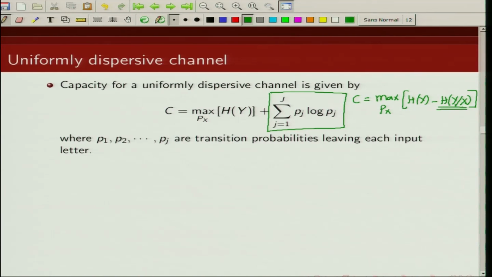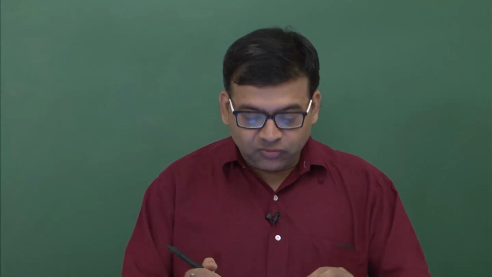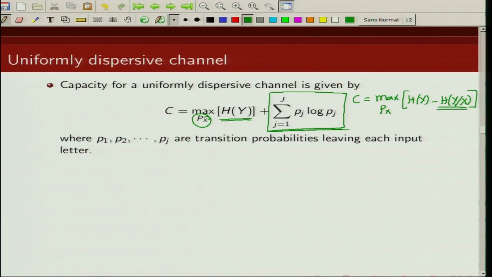In other words, the capacity of a uniformly dispersive channel is given by maximizing H of y over all input distributions P of x, plus this quantity. And we know that when y is a discrete random variable, its entropy is maximized when it is uniform. So, capacity will be maximized for the input distribution P of x which will induce a uniform distribution on y.